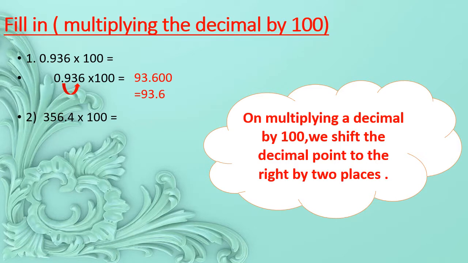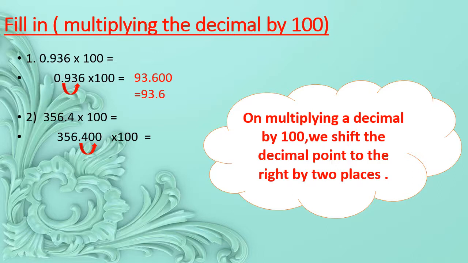Part 2, 356.4 multiplied by 100. Again, we will shift the decimal point to the right side by 2 places. As we can see, 356.4, we are going to shift it to the right side.